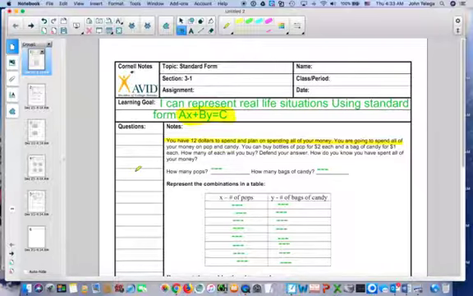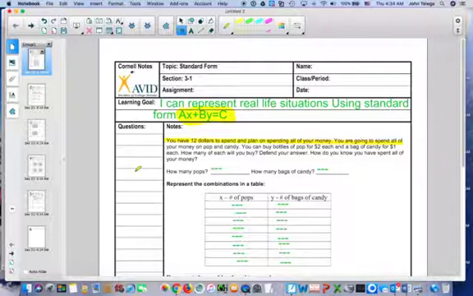You're going to spend all of your money on pop and candy. You can buy bottles of pop for $2 each and bag of candy for $1 each. How many of each could you buy? And then defend your answer by how do you know you have spent all of your money?